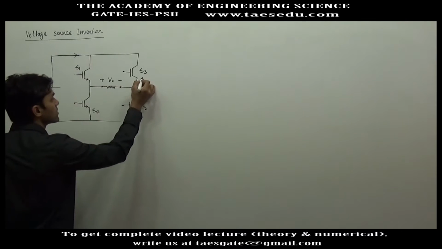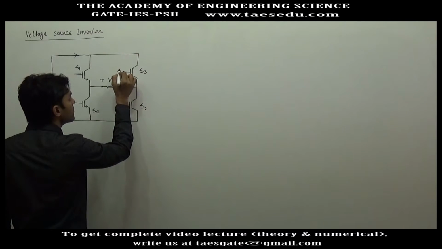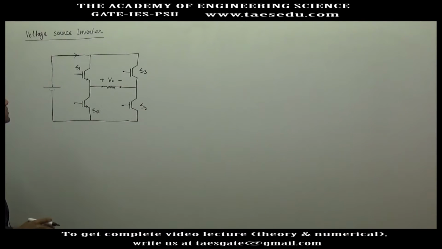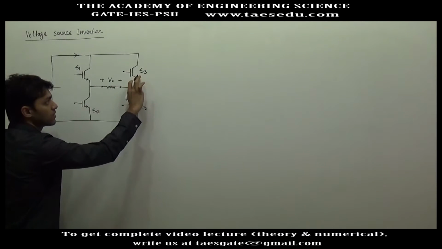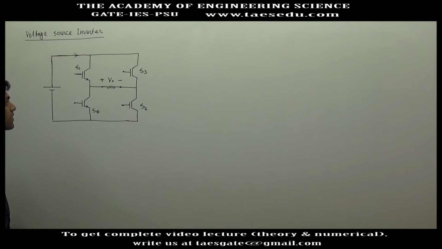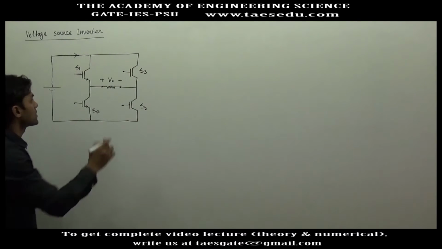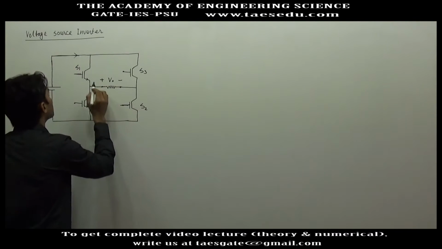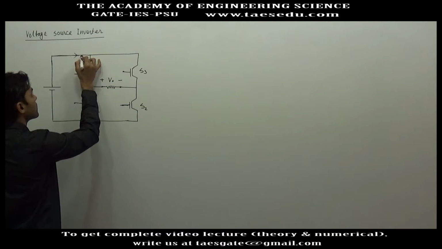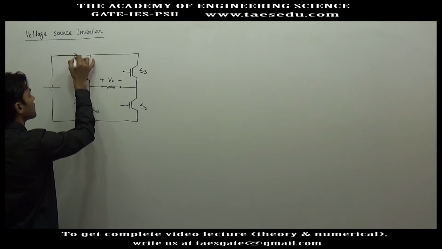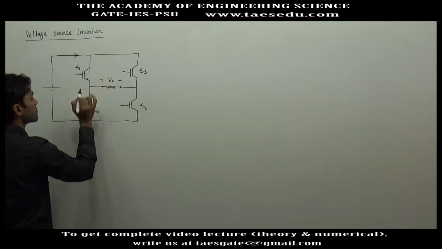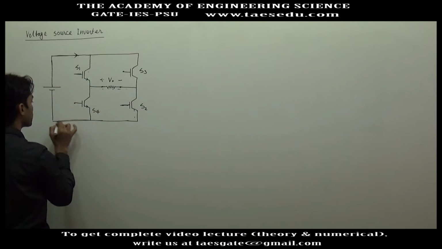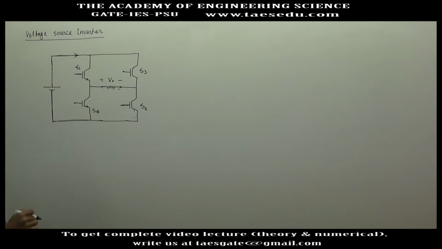Similarly, if S3 and S2 are simultaneously given gate signal, this will also provide a shorted path, so in this case also current will be very high. When S1 and S2 are given signal simultaneously, then current may take this path, from left to right, then through switch S1, then through load, then switch S2, and it will come back to negative polarity of voltage source.